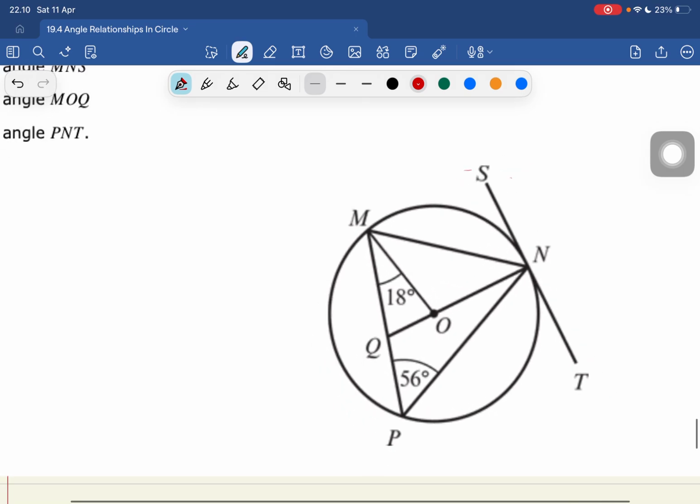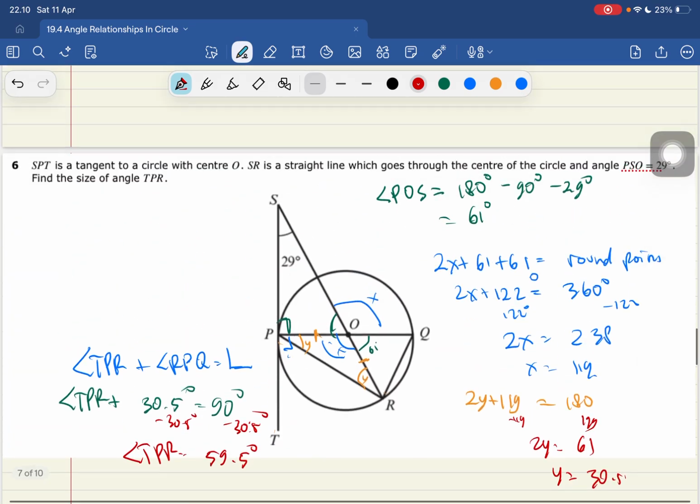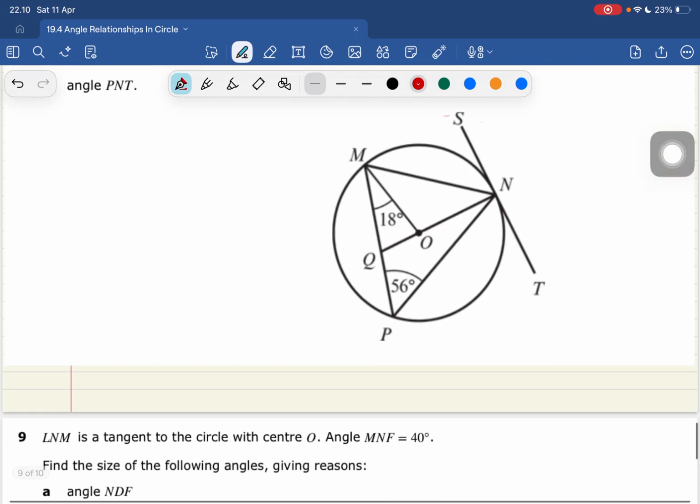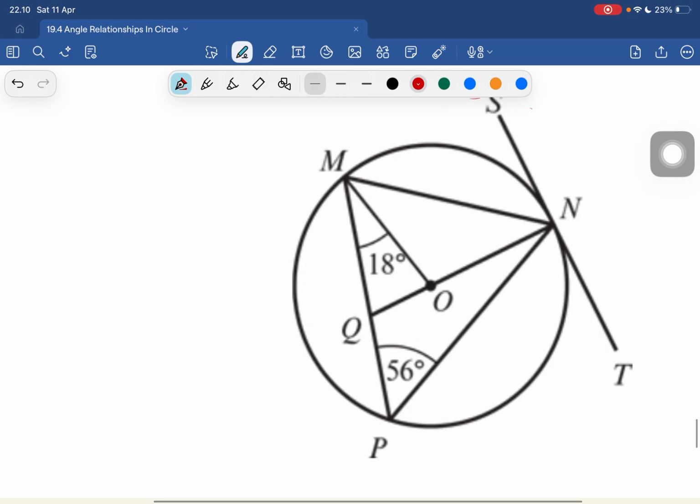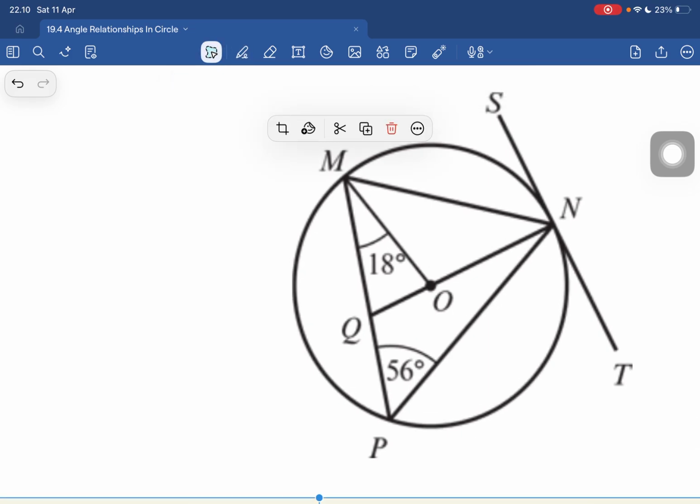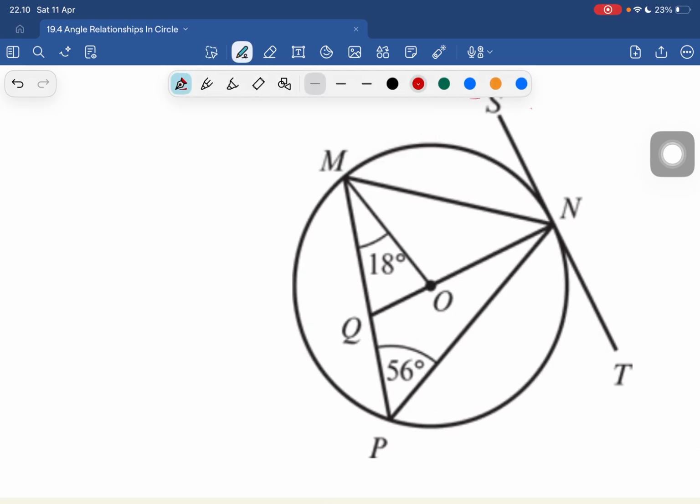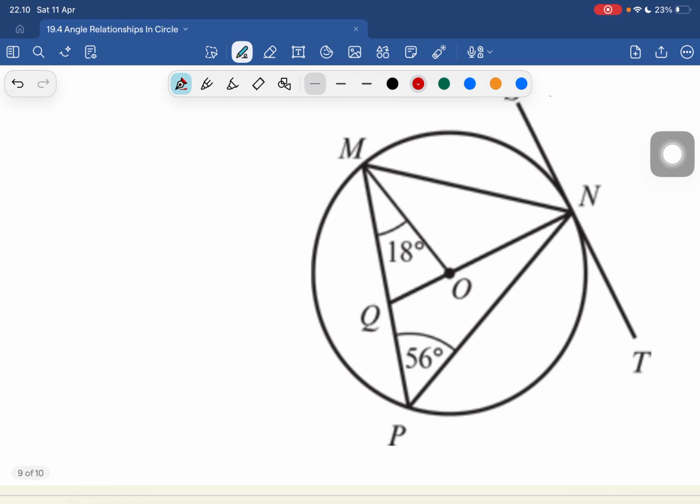Okay, can see from here. So if this is 18, so it's going to be the 90 degree, the right angle. So we can count this angle first. 180 minus 80, so it's 72, whole line.